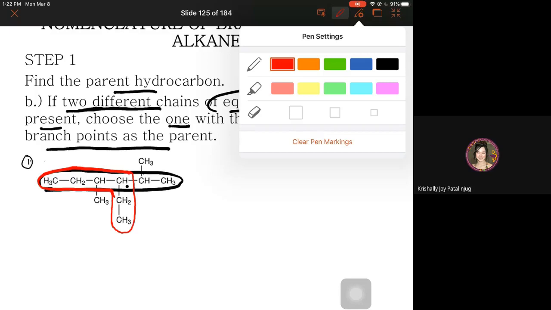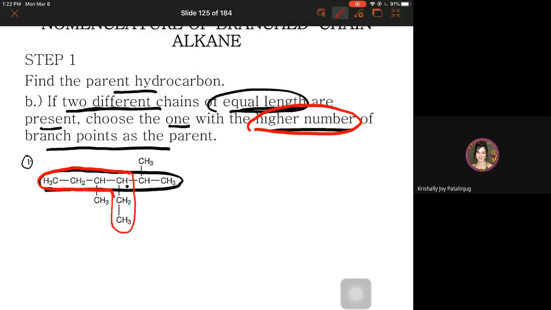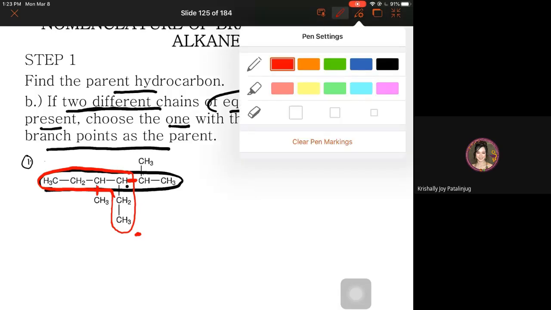So, mula dito sa baba, on the third carbon, 1, 2, 3, yan yung unang branch. Okay? Then on the fourth carbon, ito yung second branch. So meaning dalawa lang yung branch kapag pinili mo yung parent na highlighted with color red. But, sige, erase na to ha.